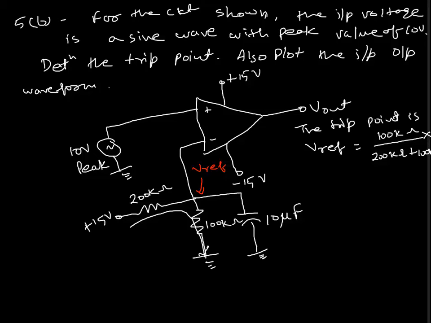Simply with the voltage division rule we have used this. After solving, you get plus 5 volt. It means the trip point is plus 5 volt. This is the first part of the question, which is to determine the trip point.